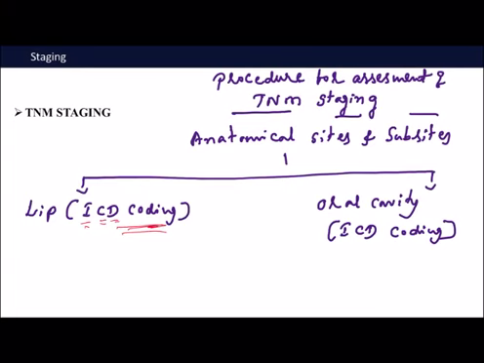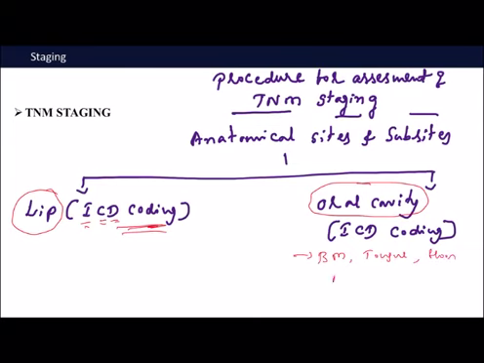It gives some codes for lip cancers, and some codes for the oral cavity as a whole, considered for buccal mucosa involvement, tongue involvement, that is the ventral surface or dorsal surface of the tongue. We have floor of the mouth, alveolus, and also sometimes the gingiva, right?